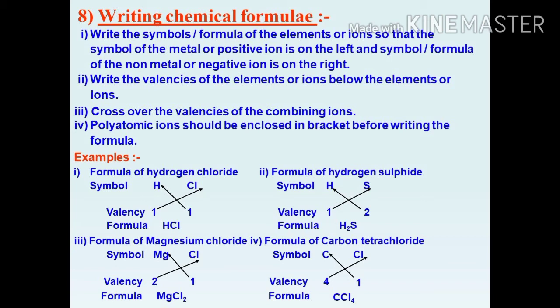Formula of hydrogen chloride. What is the symbol? HCl. What is the valency? Hydrogen 1, chlorine 1. Valency represents the electrons found in the outermost shell of an atom. Formula of hydrogen sulfide, symbol H2S.